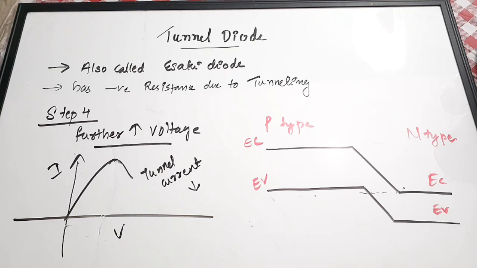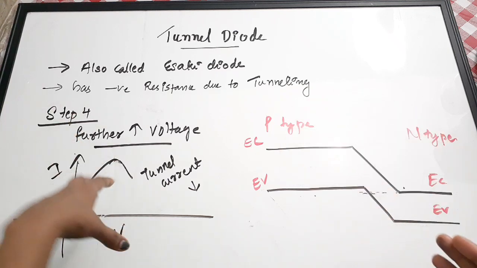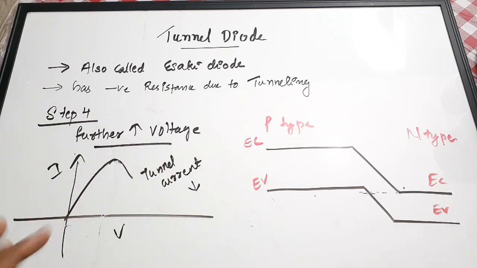So this is happening if we keep on increasing the voltage. After a point, when the tunnel current is at its maximum, the tunnel diode will have a negative effect on the increase in voltage. Our aim is to increase the current in proportion to the voltage.